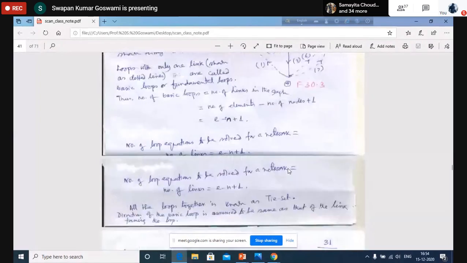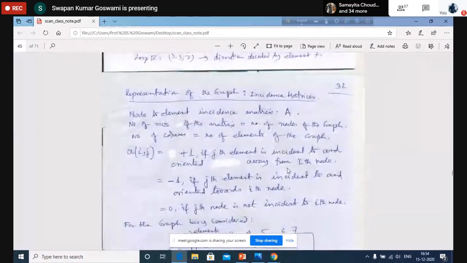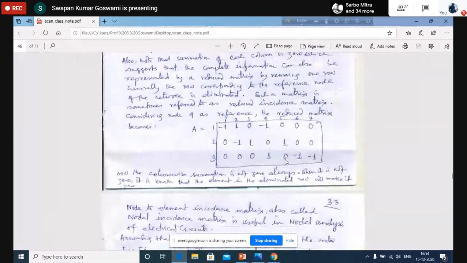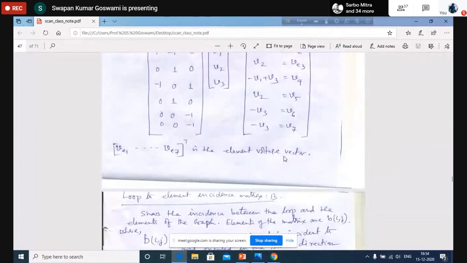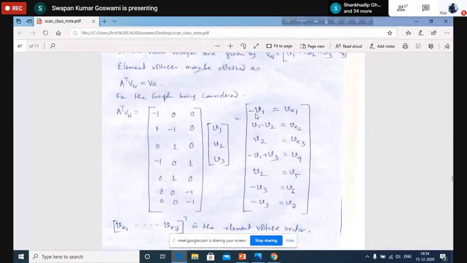You match these three here and see whether we are getting the desired result or not. Okay. So here we have got V4 minus V1, so it is minus V1, the voltage across element 1. Then we got V1 minus V2 as the voltage across element 2. Then we got V2 minus V4. But since V4 is 0, it is simply V2, the voltage across element 3.